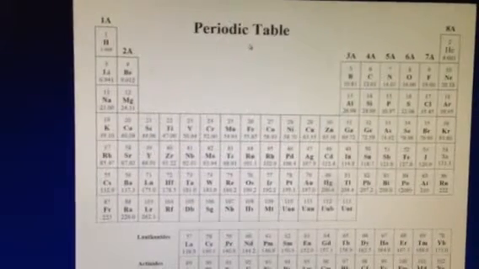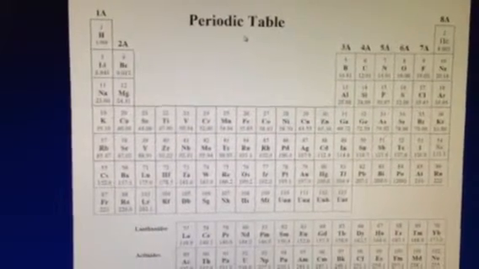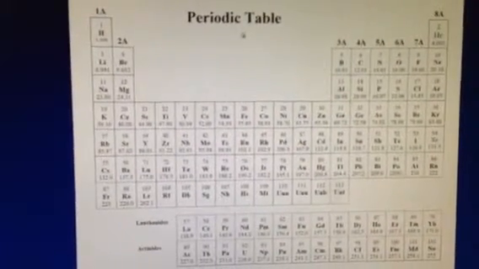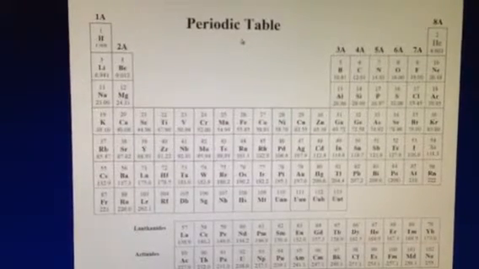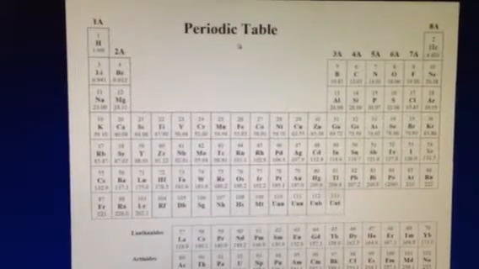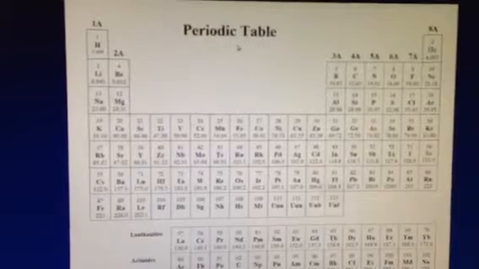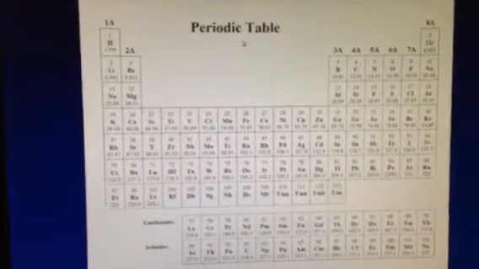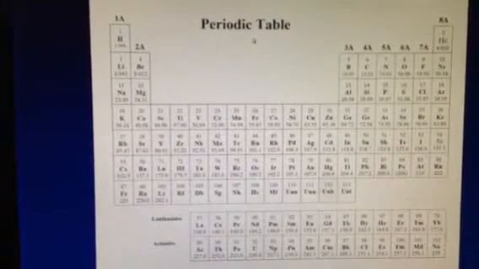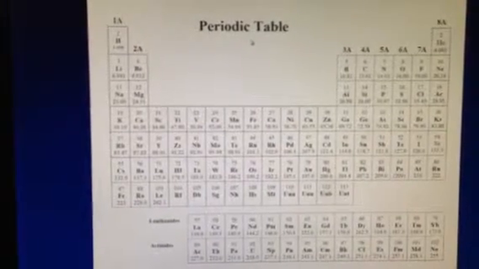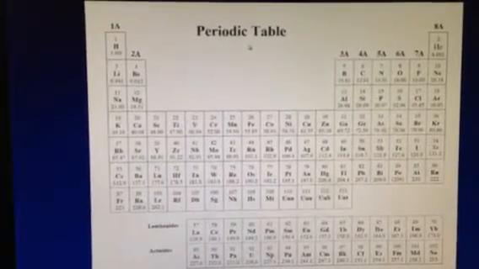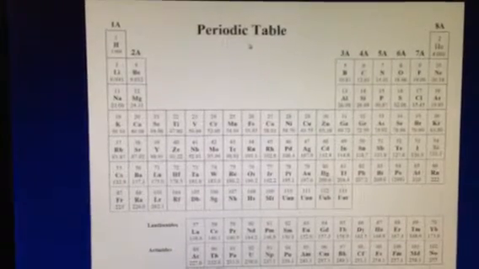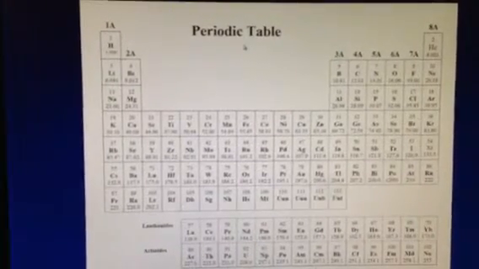Next one is electron affinity, and electron affinity is the amount of heat released when you add an electron into an atom. Atoms that achieve a more stable configuration when they have an electron added release more heat because the energy levels decrease.